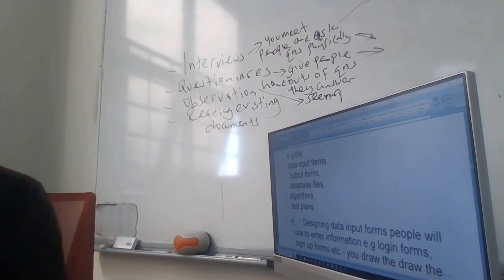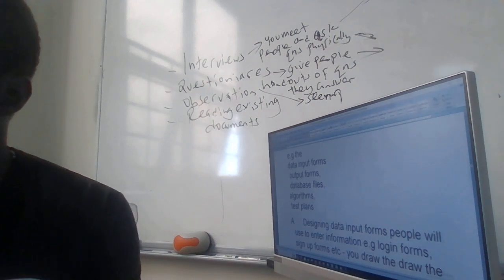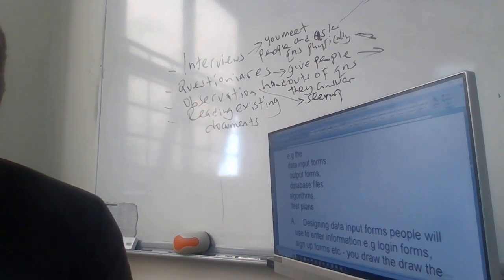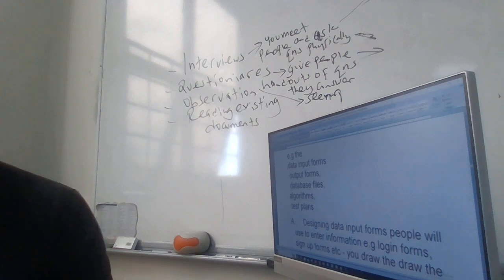So a computer system must have data input forms, output forms, database files, algorithms, and test plans.